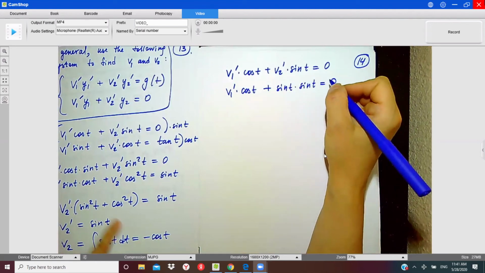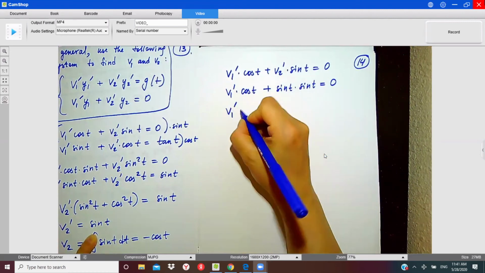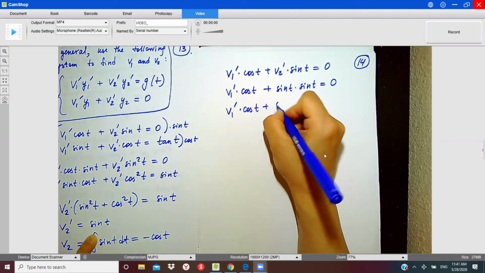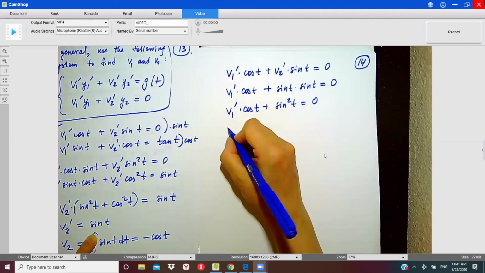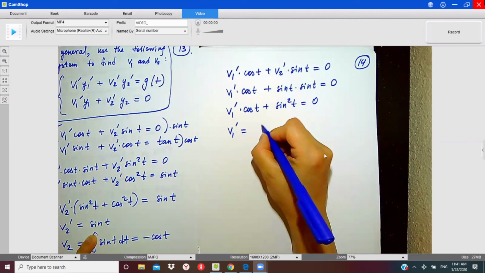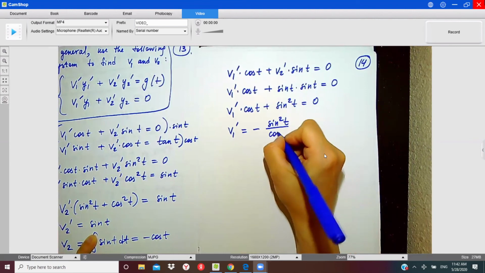So v sub 2 prime is sine. So v sub 1 prime cosine t plus sine squared t equals 0. And v sub 1 prime equals negative sine squared over cosine of t, right?